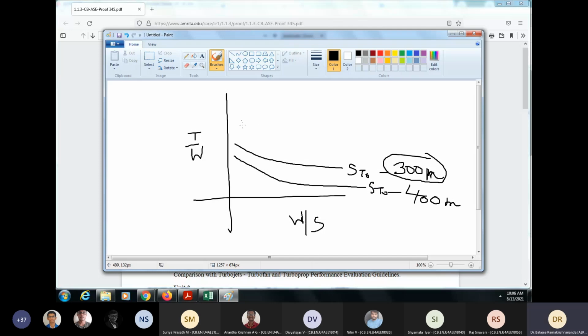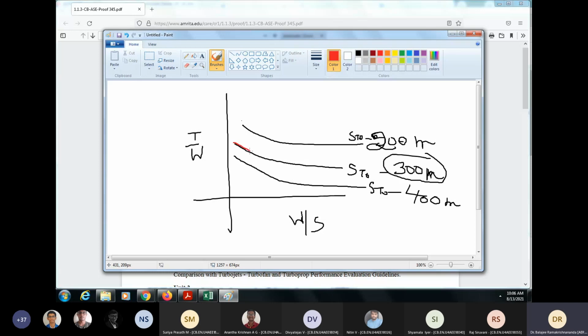So suppose you plot for 500 meters here. Sorry, 200 meters. The curve may be shifting for various values of takeoff. I am plotting. You got it now? Yes, sir. So for different takeoff values, we'll get the takeoff length.